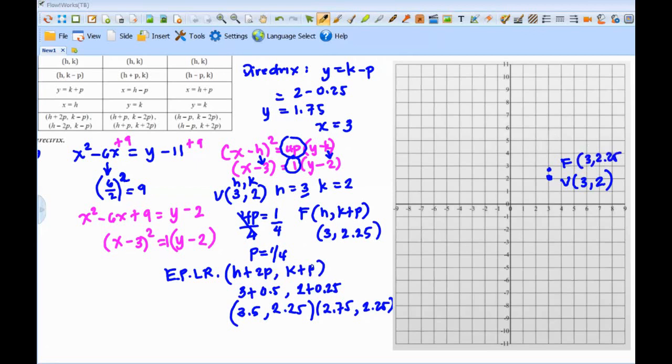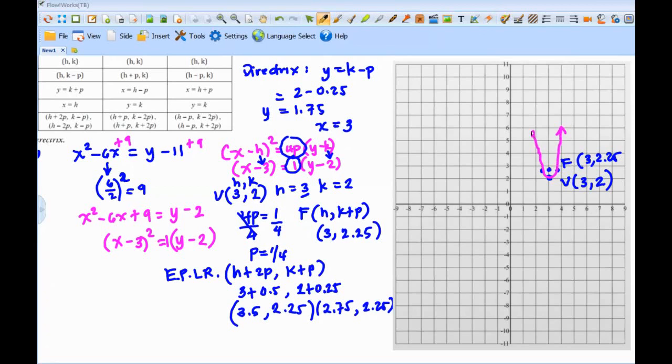And our endpoints of the latus rectum are 3.5 and 2.25, and 2.75 and 2.25. Where is 3.5? Here. Then 2.75 and here. Okay, so this is our graph going up. It's small only.